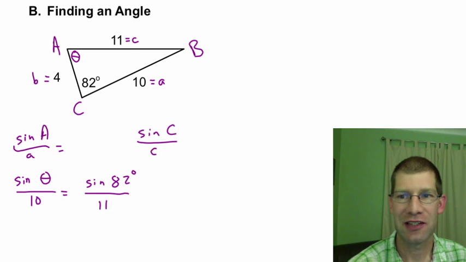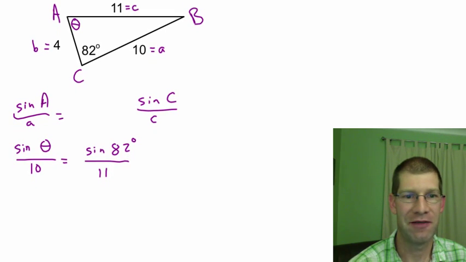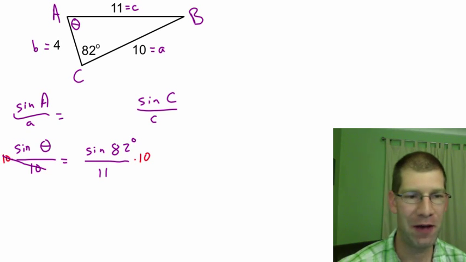Now just like the last example, we could cross multiply and then divide. That's no problem. It's one extra step though. If you have one like this, sine of theta divided by 10, what would save you one step is to just multiply by 10. So if you're a big fan of cross multiplying, go for it, it's going to work. But I'm going to instead just cancel out my 10 that way.